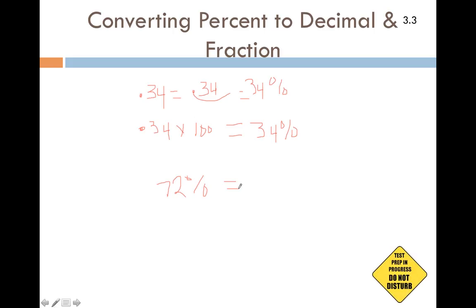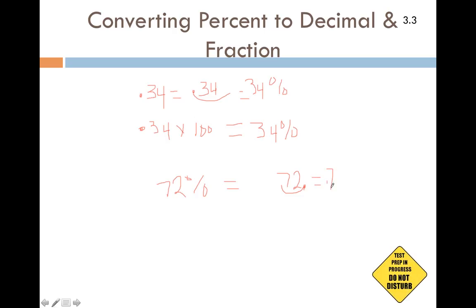Okay, excellent, Norma. We're going to move the decimal two places to the left. So we've got 72%. We're going to drop the percent, then we're going to take that decimal and move it two places to the left. So it's going to be back here. We're going to move it two places to the left, and then that's going to be 0.72.